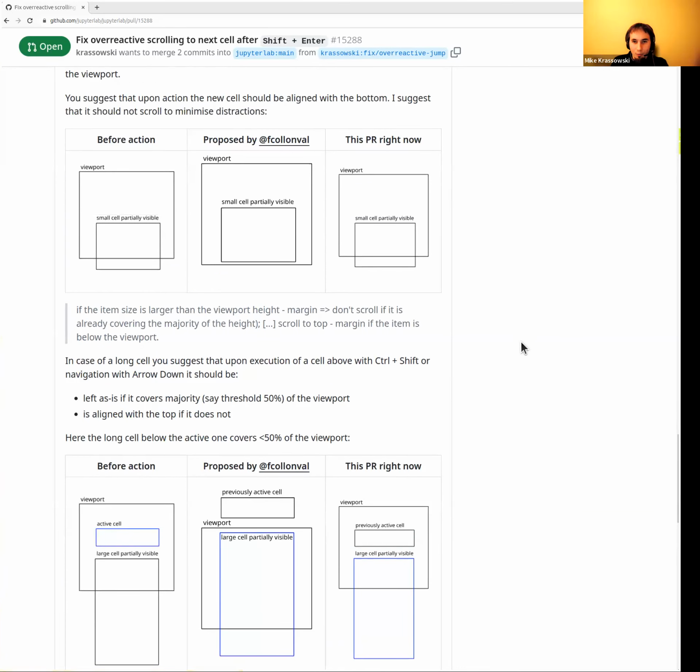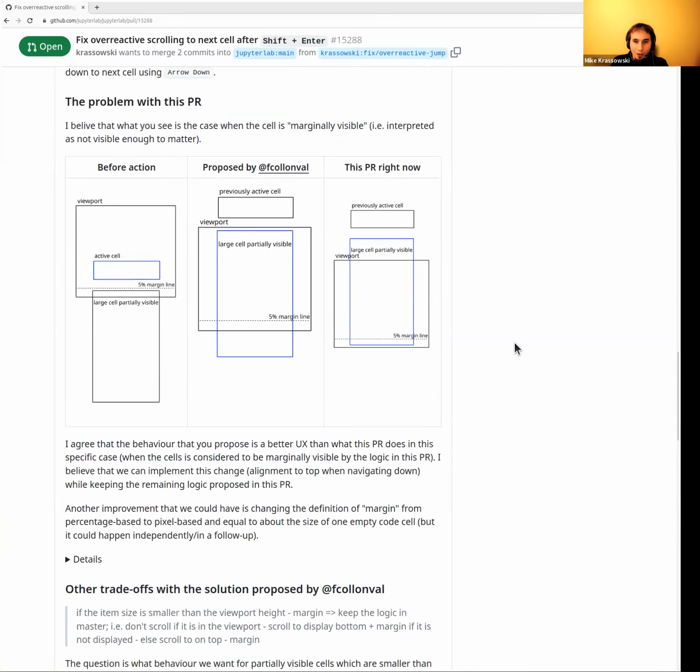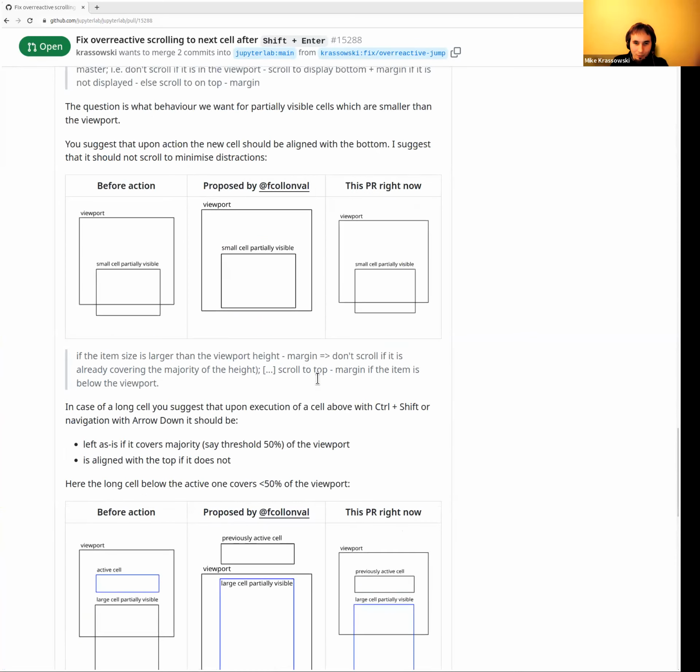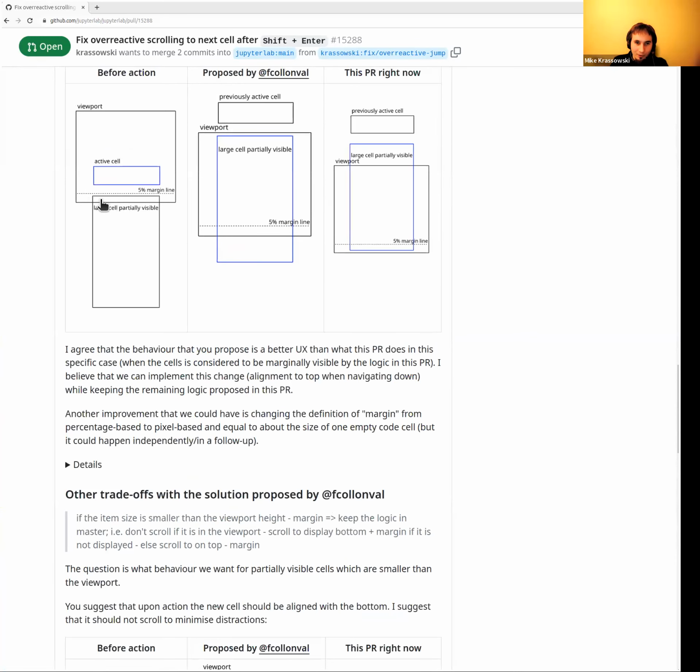and if you are interested in more details, what we are actually implementing right now, there is a possibility of having some margin defined, and the idea is that if only like 3 pixels of a cell are visible, we probably should still scroll to it. But then the question is how we define the margin.